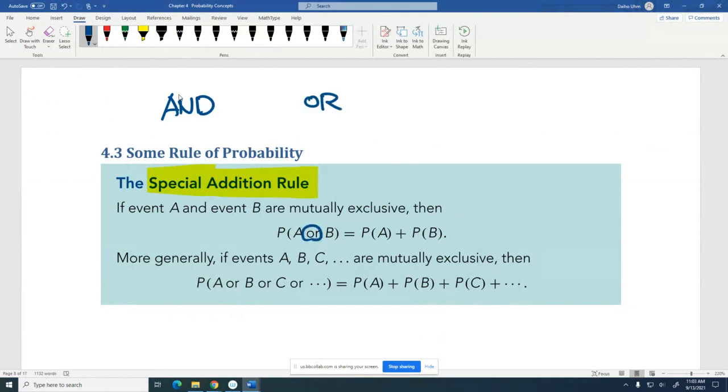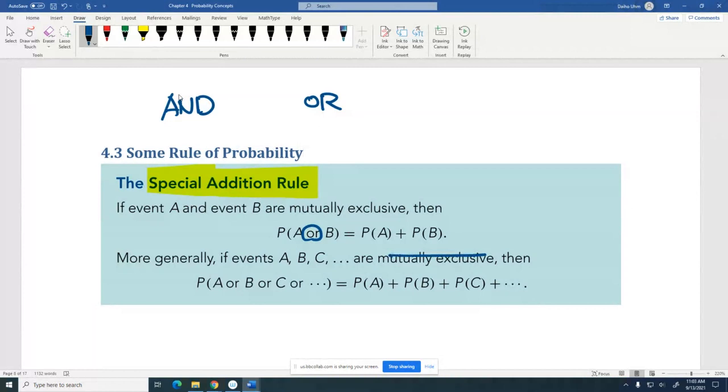Today we can apply the addition rule when we need the probability of A or B. We will have another rule for "and" later. So we are going to apply the addition rule to the "or", but it is a special rule, a special case when the events are mutually exclusive.